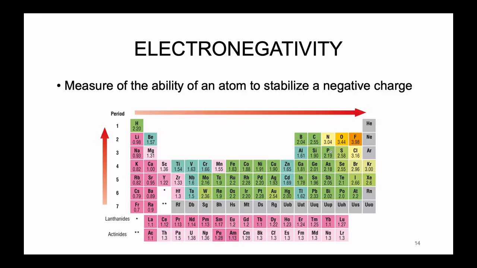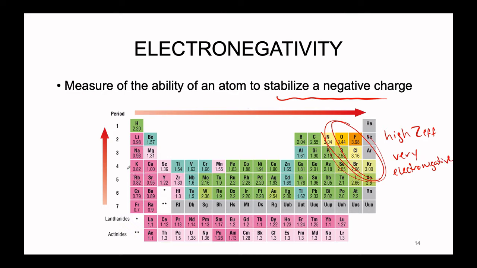Alright, so as a review, electronegativity is the measure of the ability of an atom to stabilize a negative charge. We've seen a definition for this before, but just as a brief review, the atoms in the upper right-hand corner of the periodic table have very high effective nuclear charges, and as a result, they are going to be very electronegative.